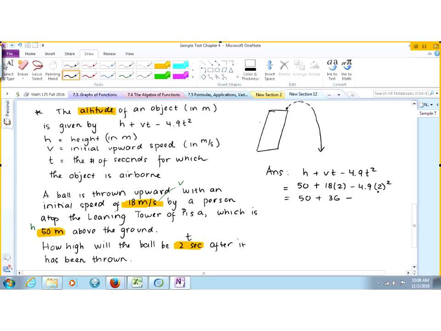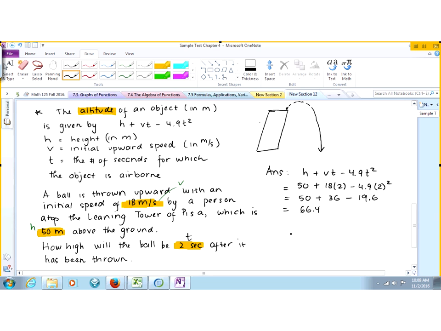Oh, I'm sorry, this is minus, not plus. Minus, what is 4.9 times 4? Is it 19.6? Okay, so tell me what the answer is. And we need the units also. What is it? 66.4?